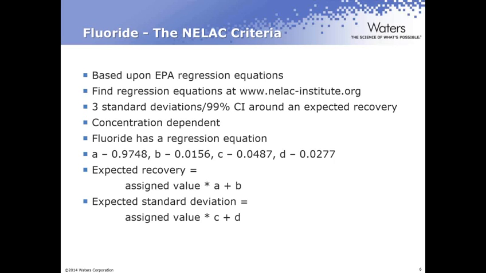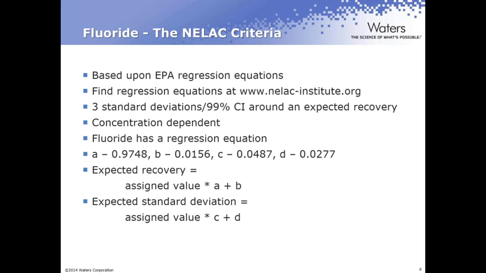Acceptance limits for both fluoride and residual chlorine in the wastewater or DMR-QA program are based on 3 standard deviations, or what we call a 99% confidence interval around an expected recovery. The confidence interval is around the expected recovery because not every method can recover 100% of an analyte. Some will recover 100%, some will recover as low as 60%. So that's why your statistics are based around the expected recovery.